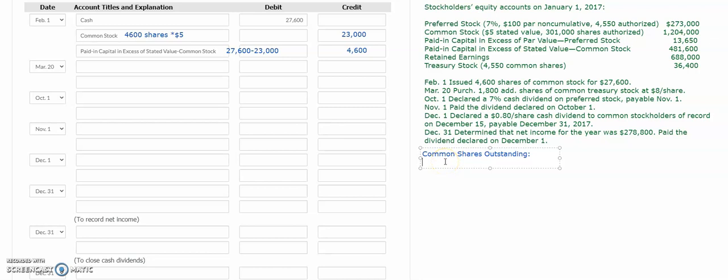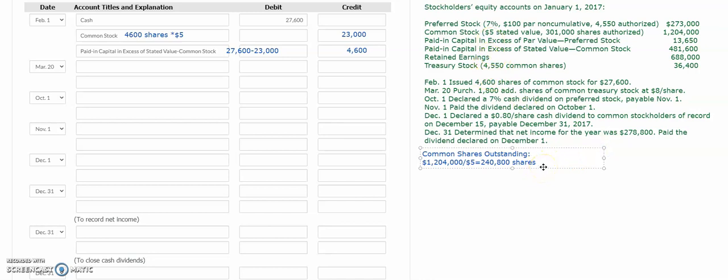So we need to compute this by taking 1,204,000 and divide this by $5. So this will equal 240,800 shares.